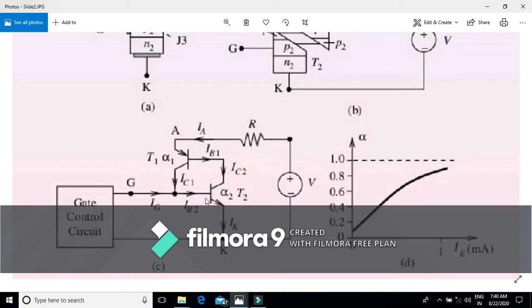If we are applying the base current, the emitter current increases, and this emitter current here is the cathode current. Since the emitter current increases, the gain alpha 2 of this transistor increases. The increase of alpha 2 results in the increase of the collector current IC2, as the collector current is basically equal to the sum of emitter current plus base current.